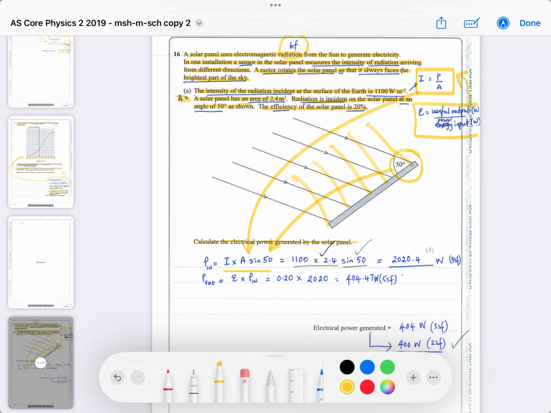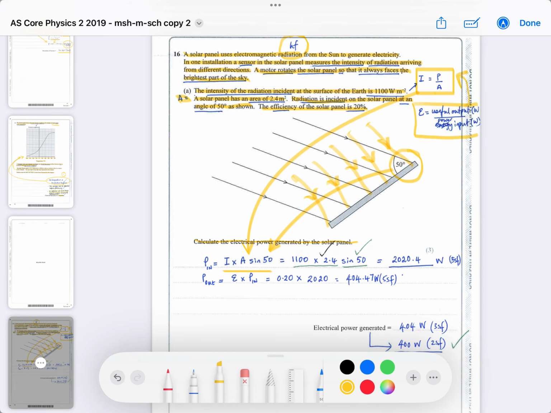Yeah? So I don't know if I've drawn that exactly perpendicular, but you get the point. If the light was coming in this way, it would be perpendicular to the surface, you would get the full effect. Well, because at angle 50, you've got to bring in the sine of 50, okay? Or the cos of 40.